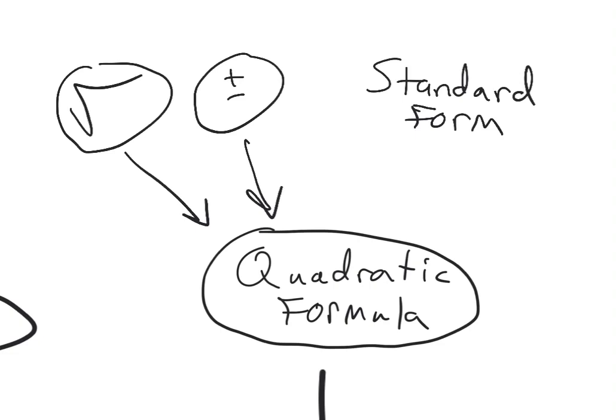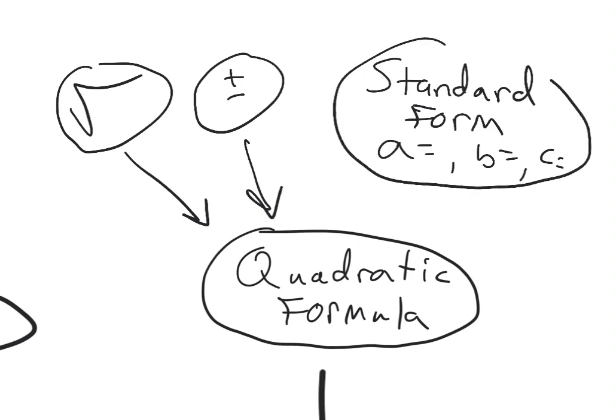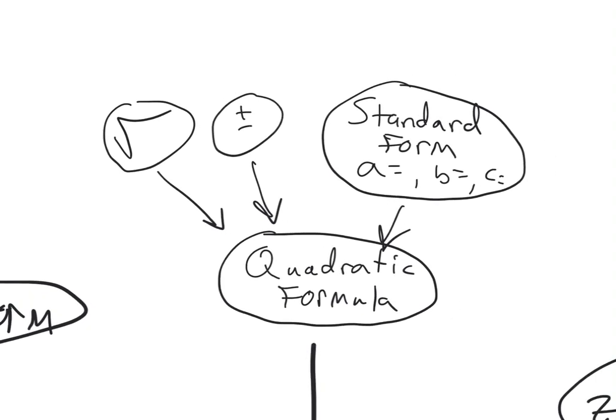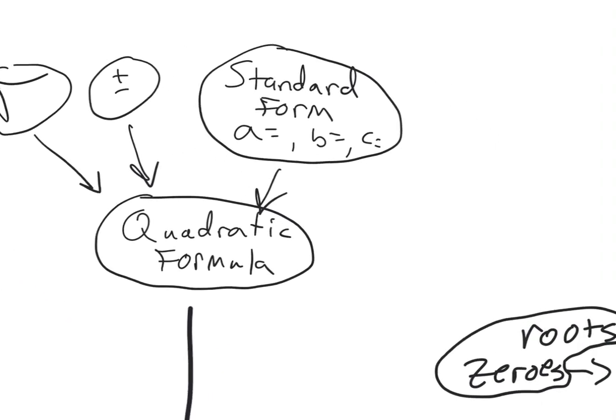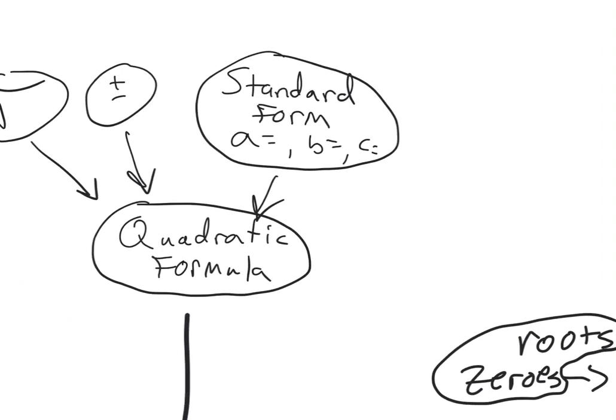So you're going to need to know a, b, and c. And it's going to be a formula that we want to memorize. One other quick thing that we're going to need to know with the quadratic formula is there is another kind of new vocabulary term.